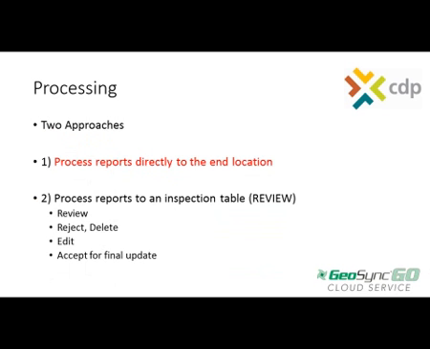We'll look at both of those examples in just a minute. When you're doing the review, you have the ability to reject, delete, or edit the data before it goes to its final location. So we kind of have a staging table, if you will, where we can review the information.